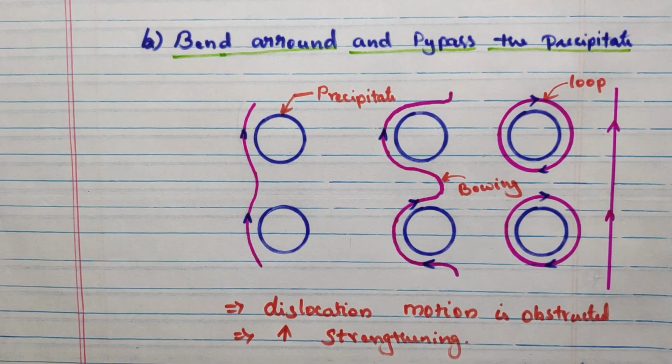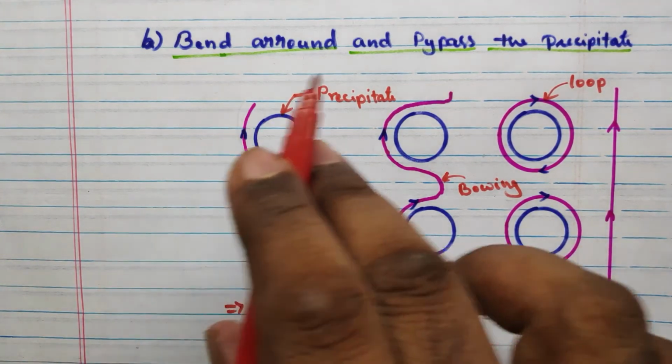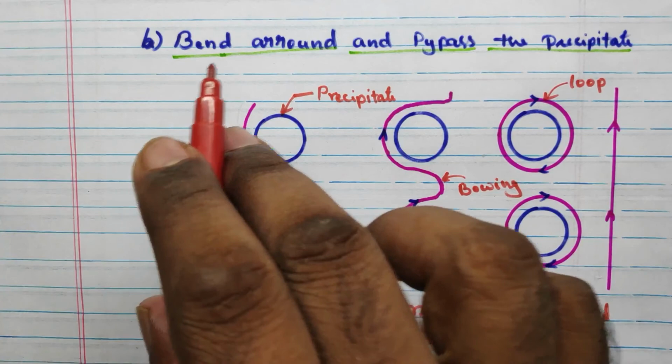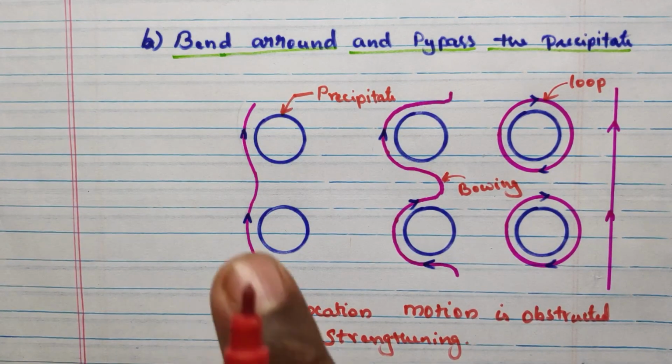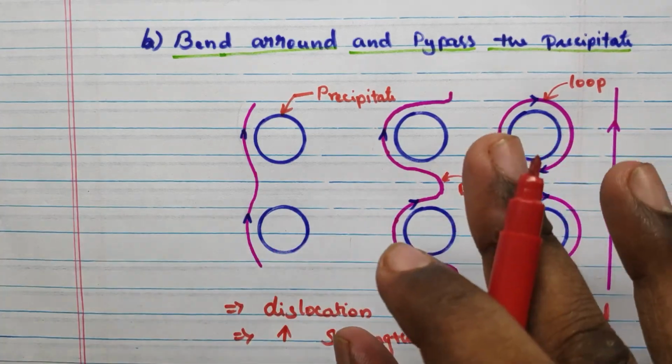So this is the exact mechanism of going around in bend around and bypass the precipitate. So by this we can end this session. Thank you.